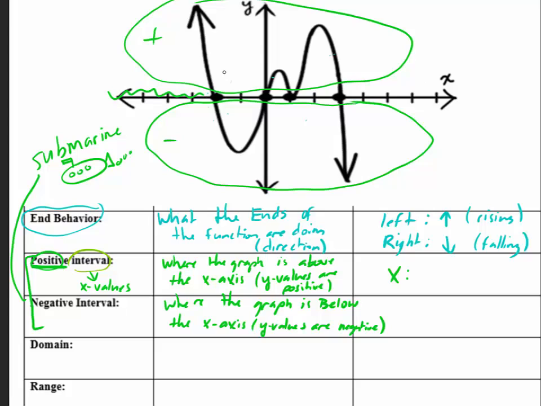And I want to know, when am I above for the positive interval? So if I'm looking, here's my water. I have a piece that is above right here. And that goes in terms of x from negative infinity all the way from the left to this point at -2. So at -2, I go from above the water to then below the water. So I need to say that from negative infinity to -2.